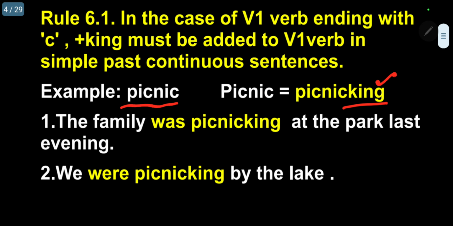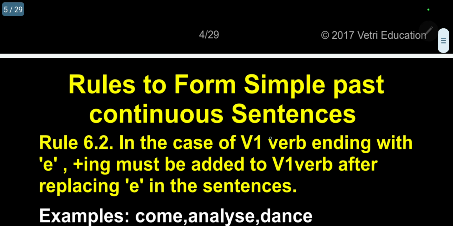Example: the family was picnicking at the park last evening. Number two: we were picnicking by the lake. Please follow, very, very easy. We were picnicking by the lake. This is past continuous, a simple past continuous sentence.